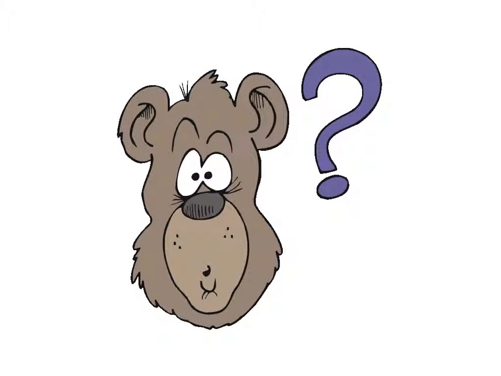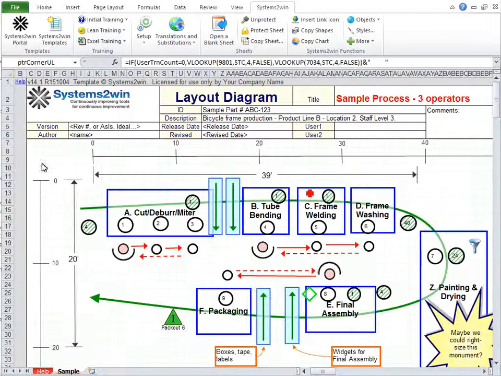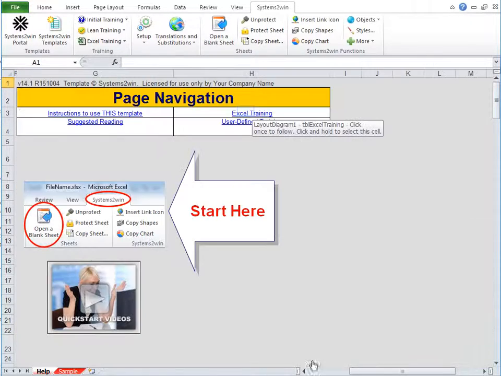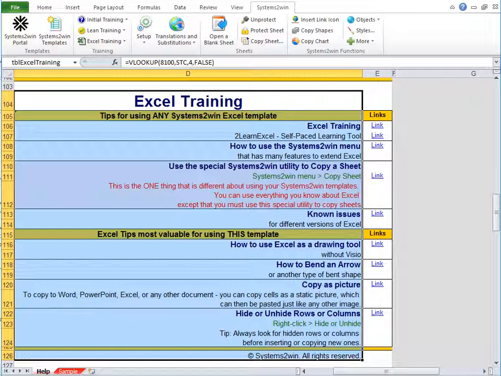So if you find yourself getting stuck, not knowing how to do something in Excel, what do you do? Remember to go to the Help worksheet and then select Excel Training, where you will find links to the training pages and videos for the Excel training you need to get you unstuck.